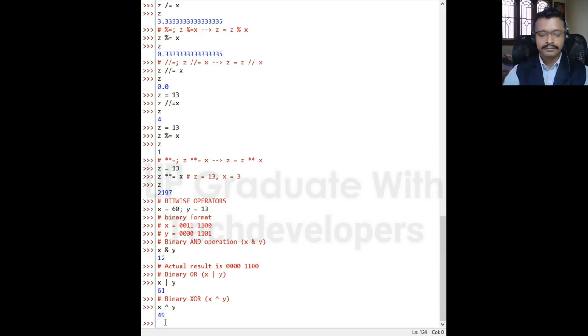Next we have binary ones complement. It can be written as binary complement of x or binary complement of y.